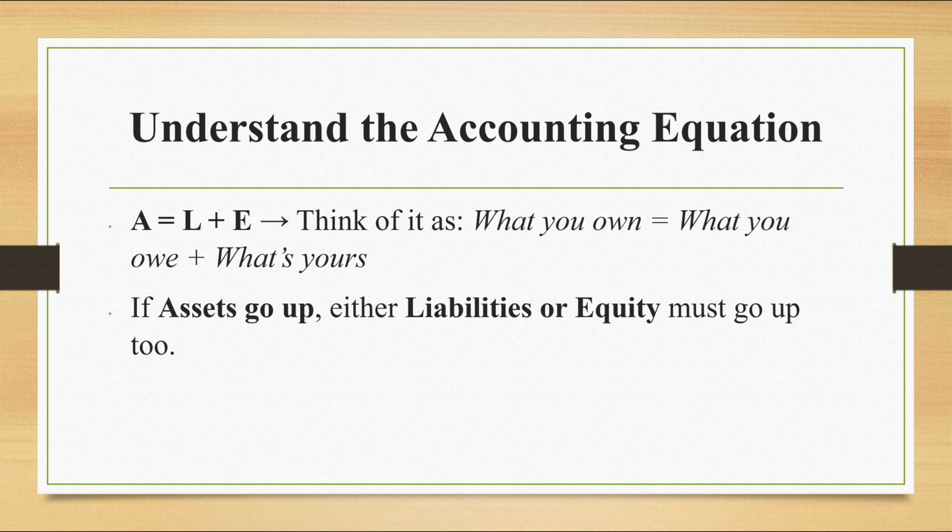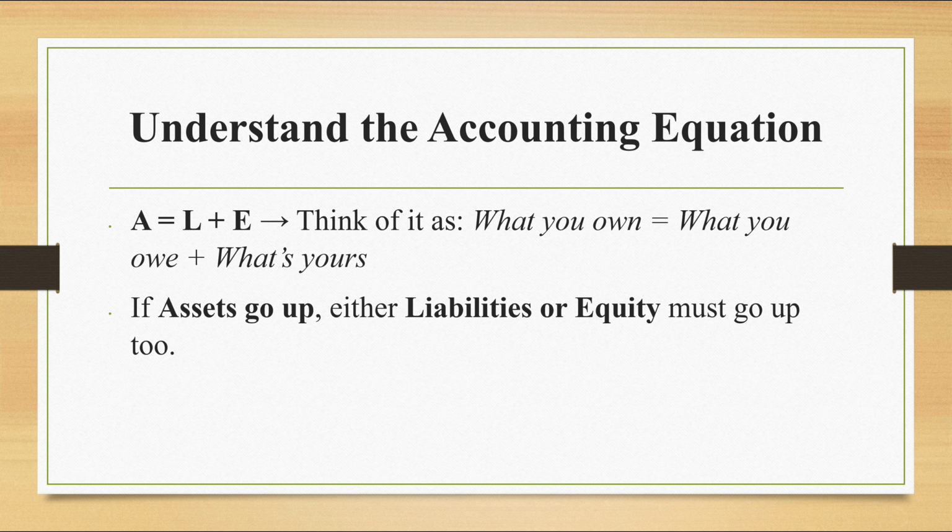Another thing we should understand is that if assets go up, for this equation to balance, either liabilities or equity must go up too. That is another point I wanted to insist on: if assets go up, either liabilities or equity must go up.